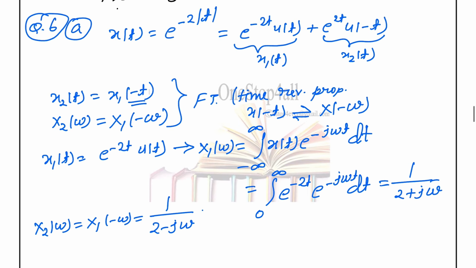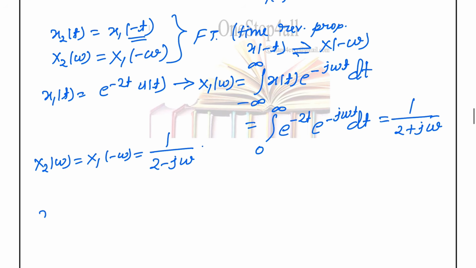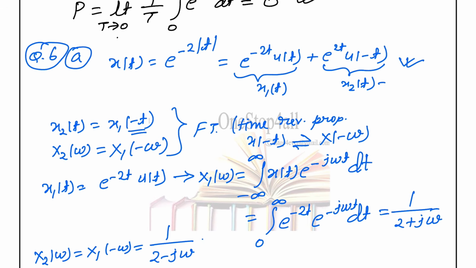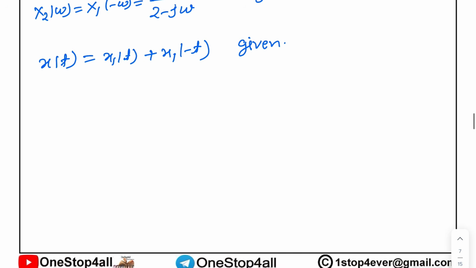Therefore, x of t is x1 of t plus x2 of t, where x2 is nothing but x1 of minus t, as given above.